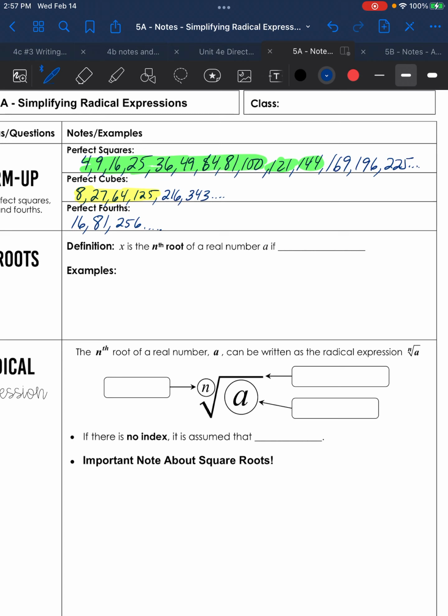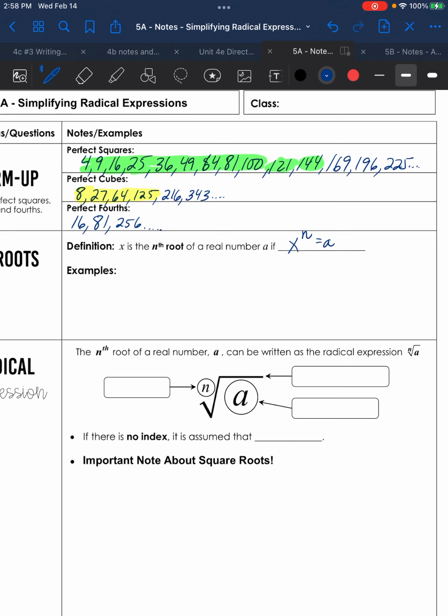Definition: x is the nth root of a real number a if x to the n equals a.